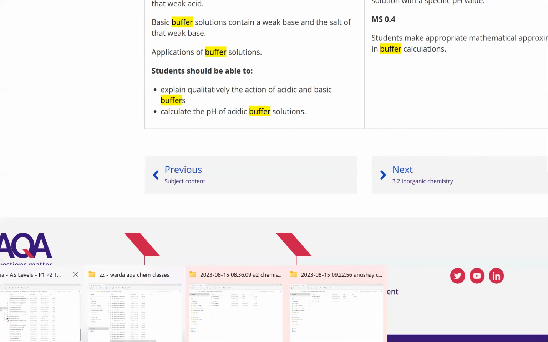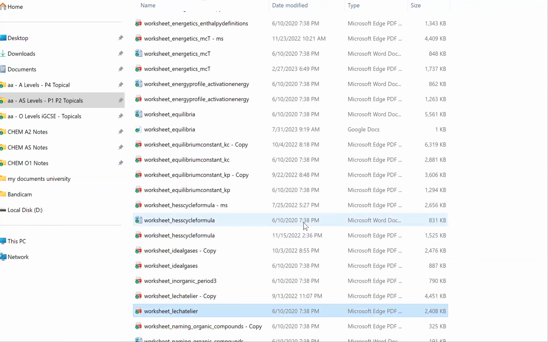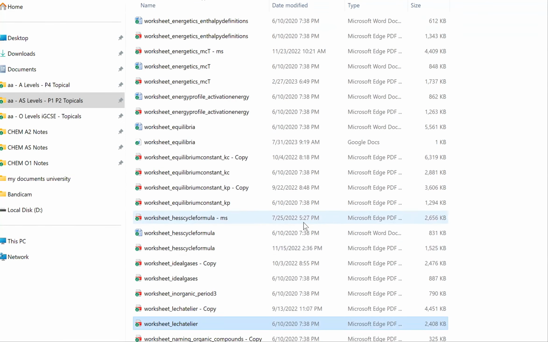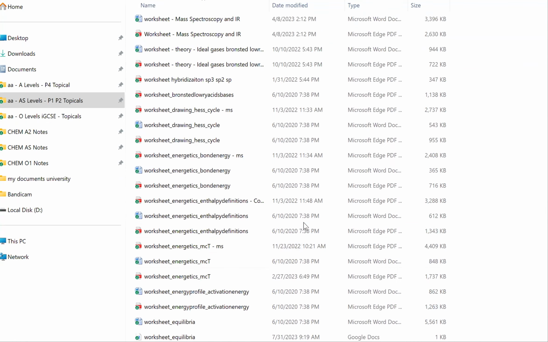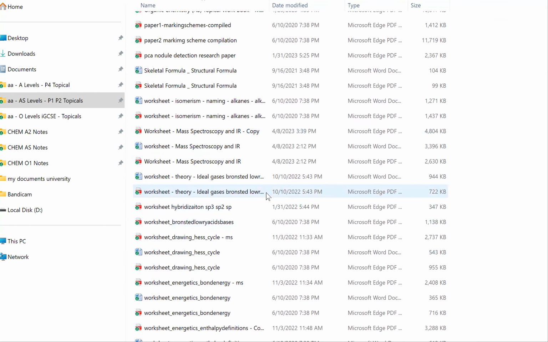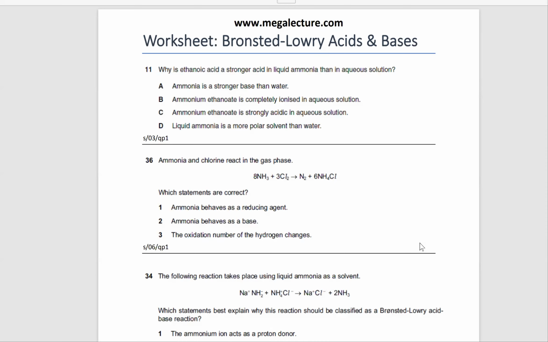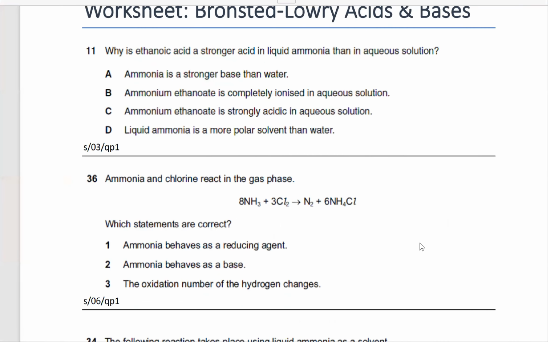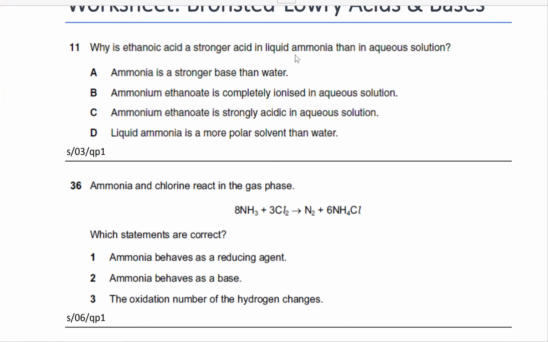Let's do a worksheet on acids and bases. For example, this one. You're seeing that ethanoic acid is a stronger acid in liquid ammonia than in aqueous solution.